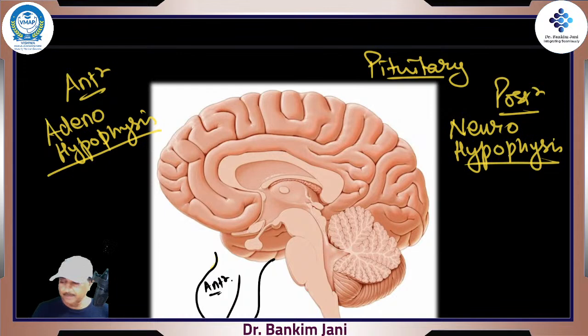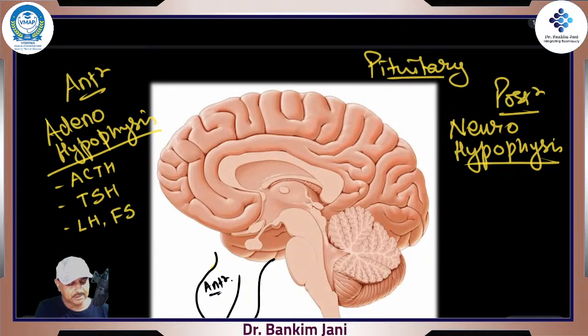So which are the hormones released by adenohypophysis? They will be adrenocorticotrophic hormone, ACTH, right? Then TSH, thyroid stimulating hormone. Gonadotrophs will be releasing luteinizing hormone and the follicle stimulating hormone, right? Then the prolactin, by lactotrophs.